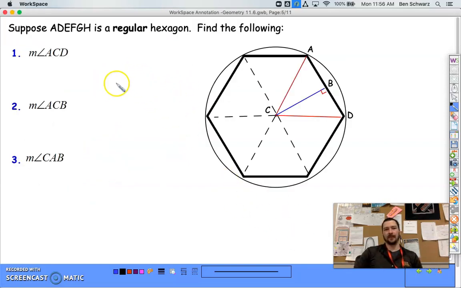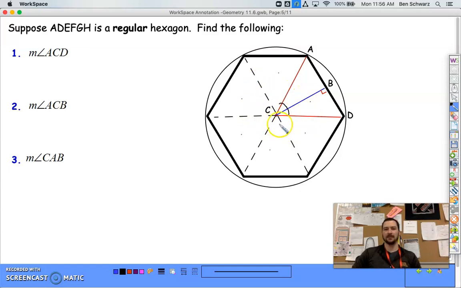All right, so find the following. It's a regular hexagon, so that's what we know. We want to find the measure of angle ACD. So that would be this angle right here. Now, if you think about it, we kind of made a triangle here, triangle here, triangle here, triangle here, triangle here, and then this whole triangle here. So what we should have is 6 equal angles, since it's a regular polygon.